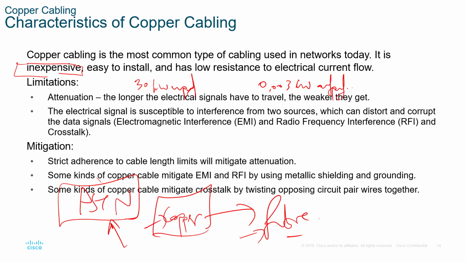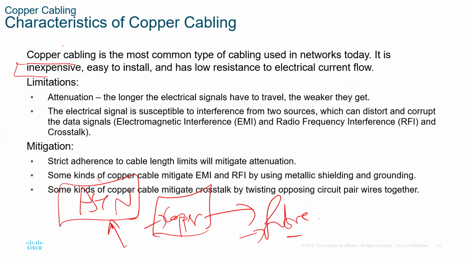If a signal loses its power, it means you won't be able to receive anything at your destination. So if attenuation is too high, all the signal gets lost over transmission, right? That defines what attenuation is.